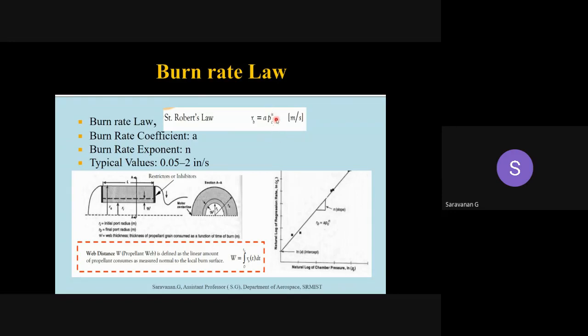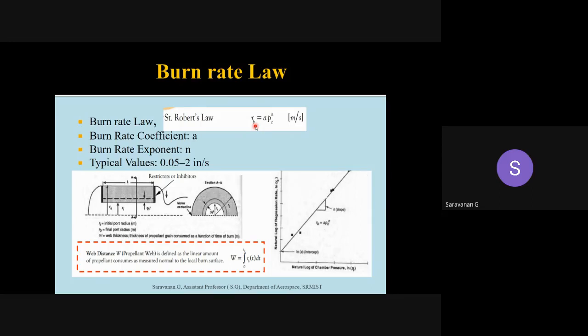The typical value of n is 0.05 to 2. So r is the burn rate and a is the coefficient. If you know the coefficient and the index value for any particular reaction or combustion, we can determine the burn rate r.